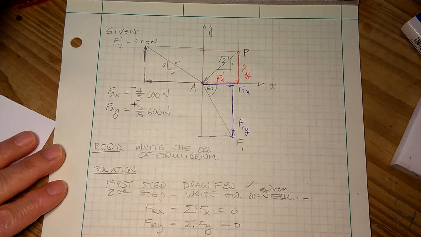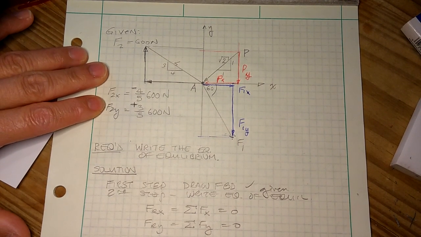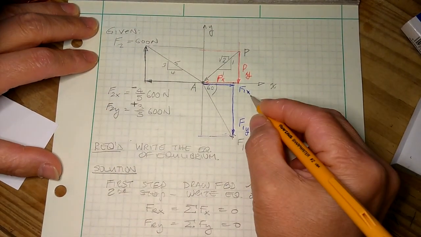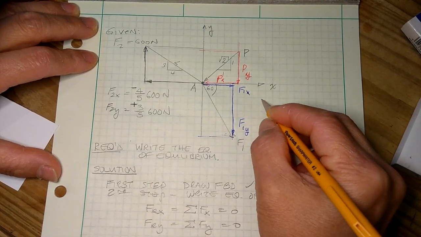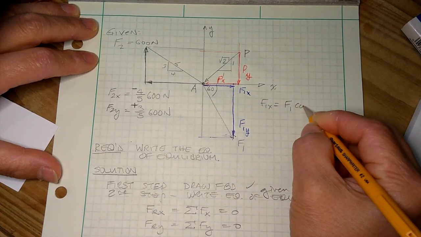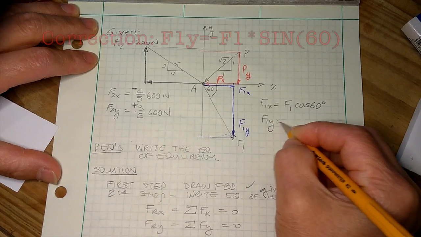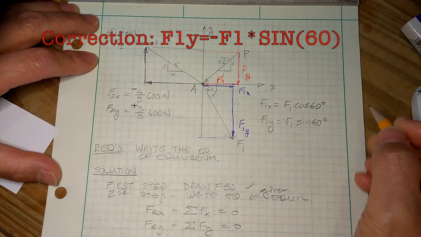So now that I have the x and y components for F2, let's work on F1. So F1x, and F1 is unknown. So F1x would equal F1 times cosine of 60 degrees. F1y would be F1 times sine of 60 degrees.